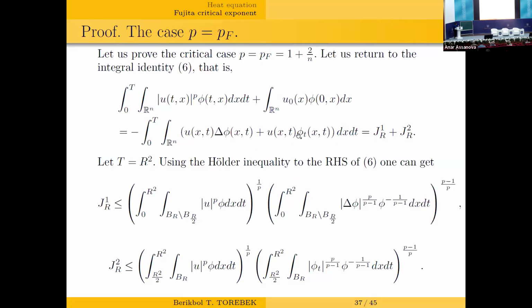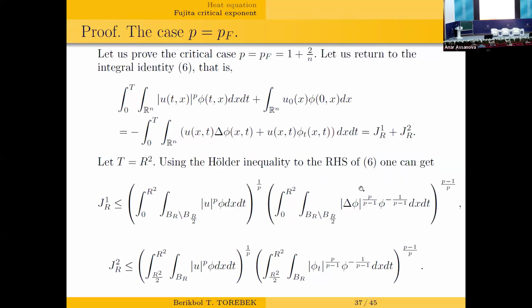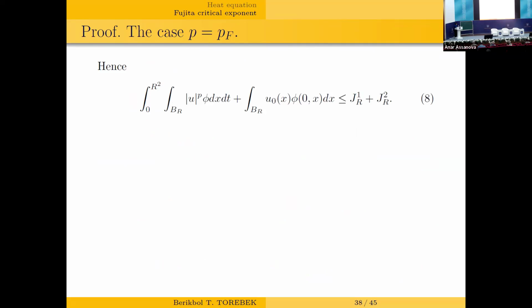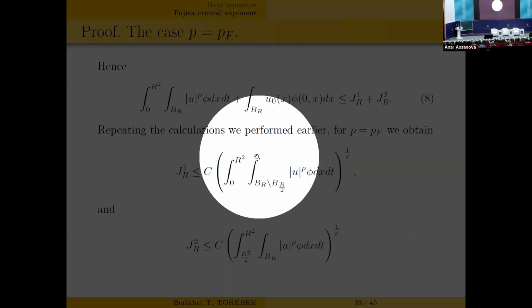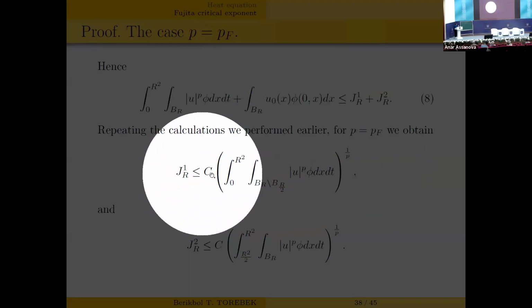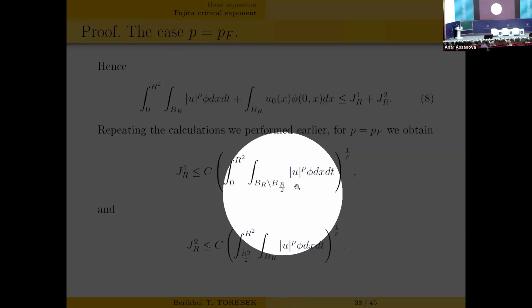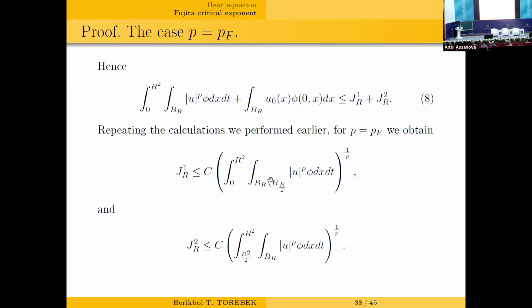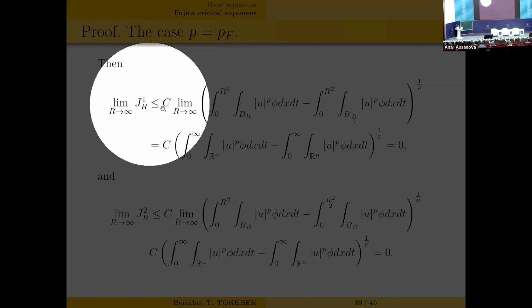We have these estimates, first one and second one. And using the previous calculations, for the critical case, we have that G1R and G2R are bounded by this function. And here we can pass to the limit when R goes to infinity.